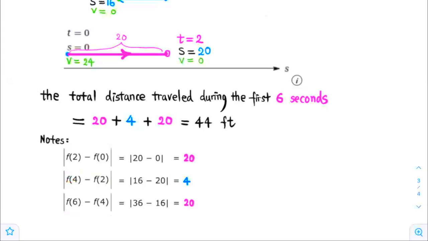And the distance traveled from time t equals 4 to time t equals 6 is the absolute value of the difference of the two positions, and that's equal to 20.